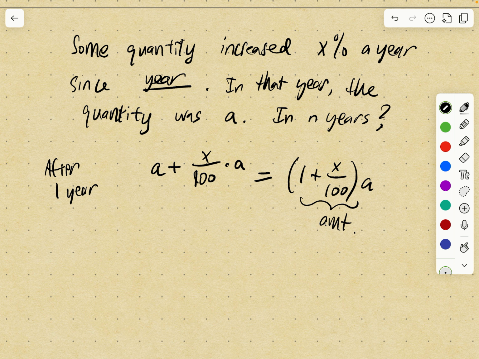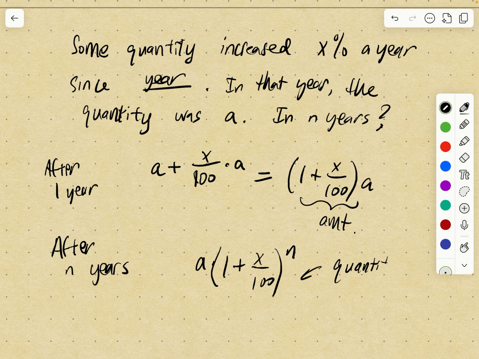And after n years, each year you're multiplying by 1 plus X over 100. So you end up getting A times 1 plus X over 100 raised to the nth power. So that is the quantity that you have.